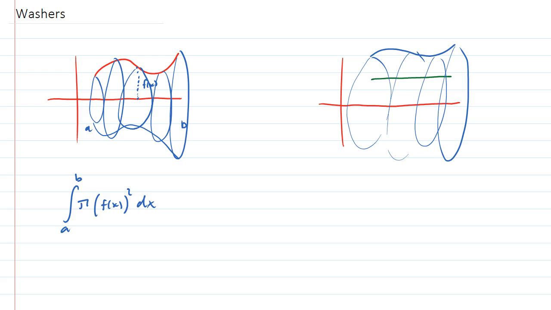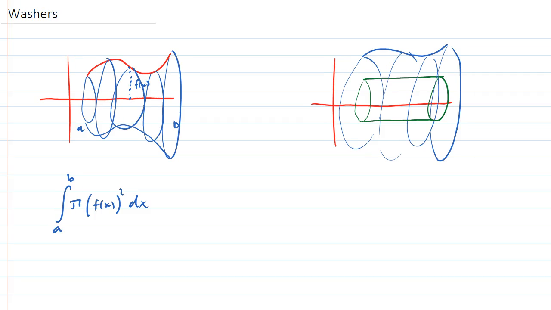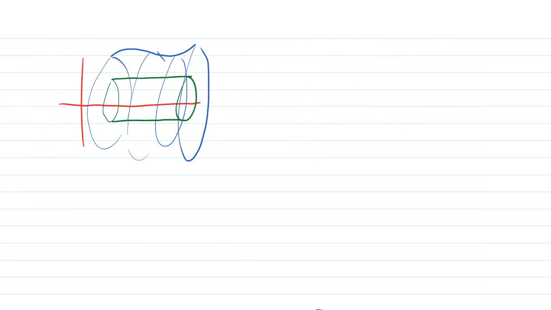But then this green one inside is going to create kind of a hole inside of it. Now, this takes a little more work because when we were doing area between curves, we just had to do subtracting. But it's a little more complicated with area.